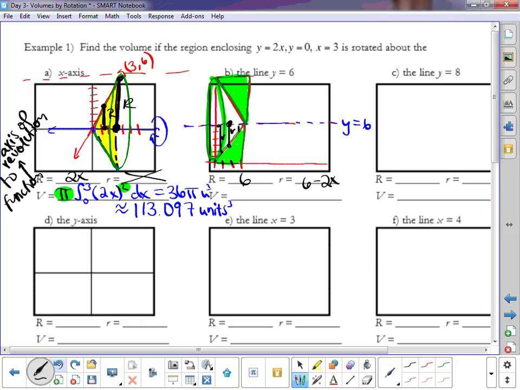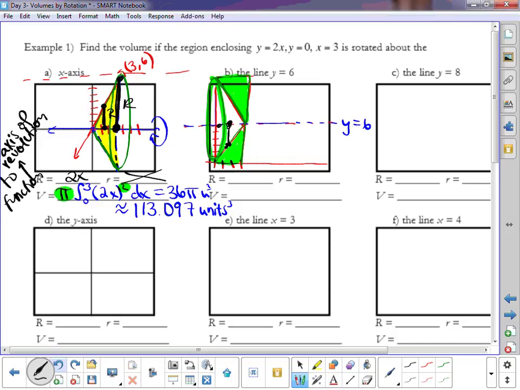But for our inside radius, notice that it changes. It goes from my axis of revolution down to my function. Once again, it's really top minus bottom, because that top height is 6, and we want to subtract away that height of 2x.